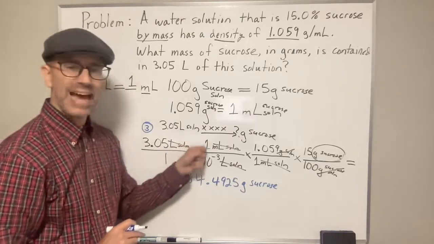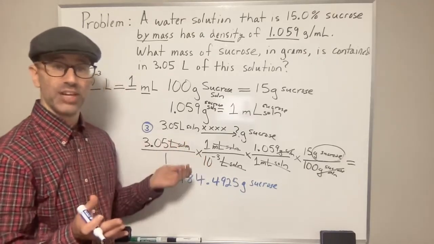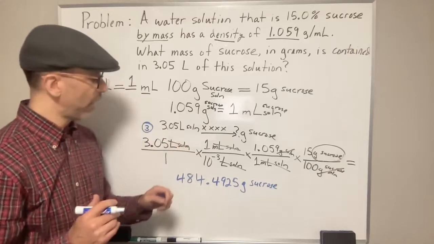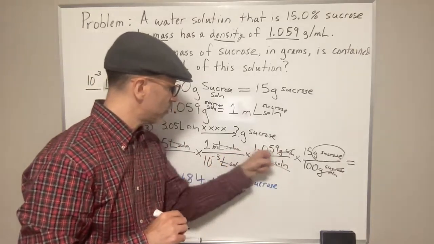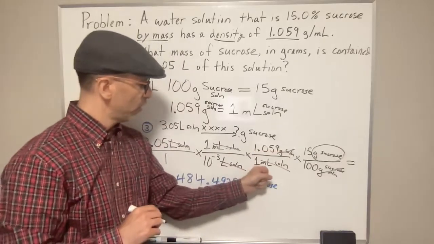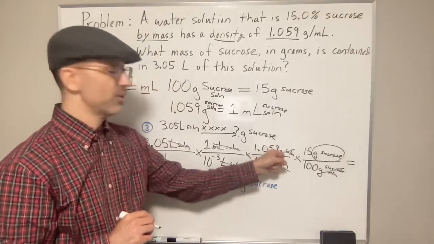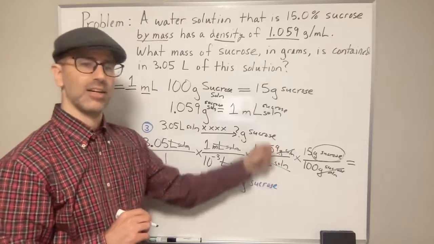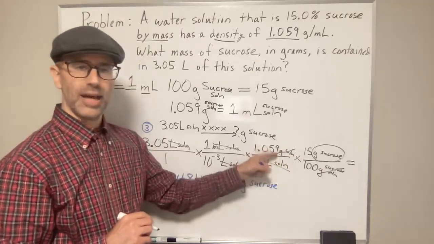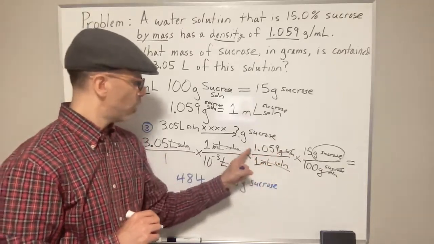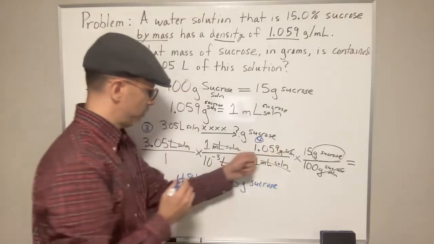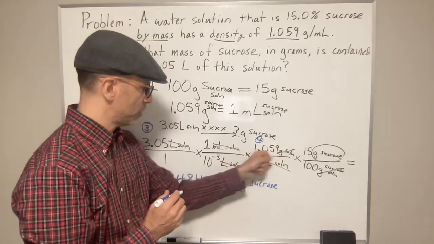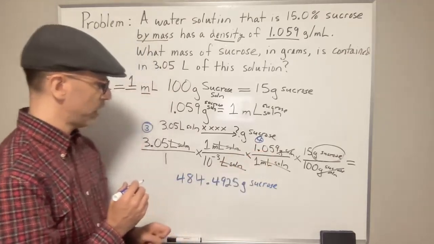This here is an exact relationship, so it has an infinite number of sig figs. We can ignore that. Here we have 1.059. This is a measure. Notice that we have a volume unit being compared to a mass unit. That is not an equality. That is a measurement. So here we have 4 sig figs. Again, the 0 is between two non-zero numbers, so that 0 is significant.